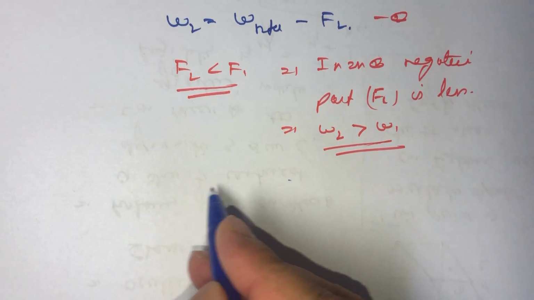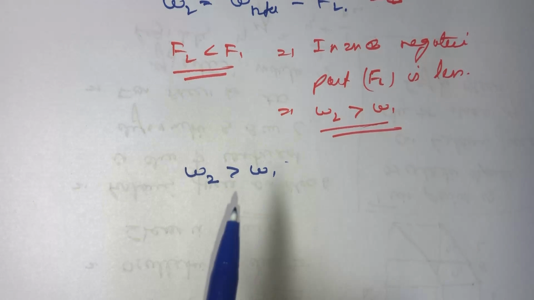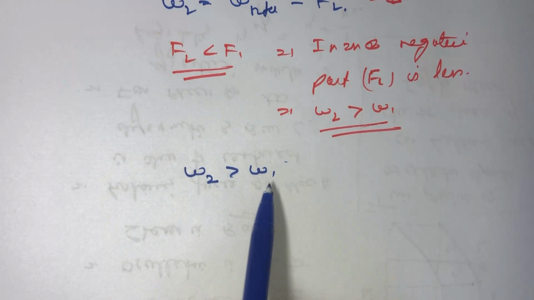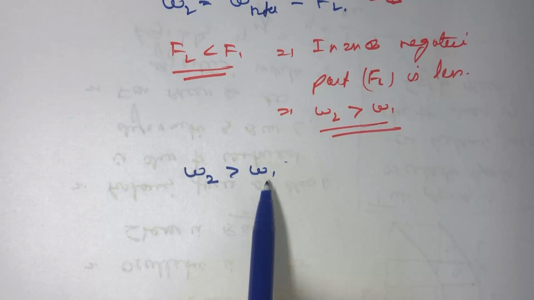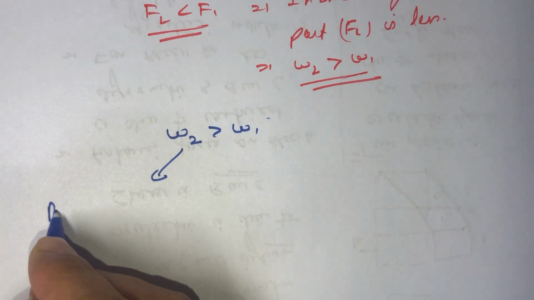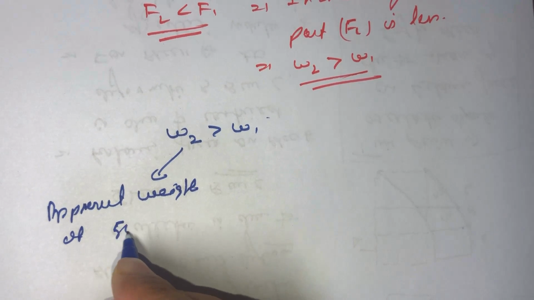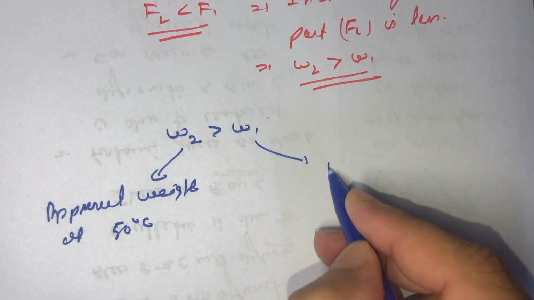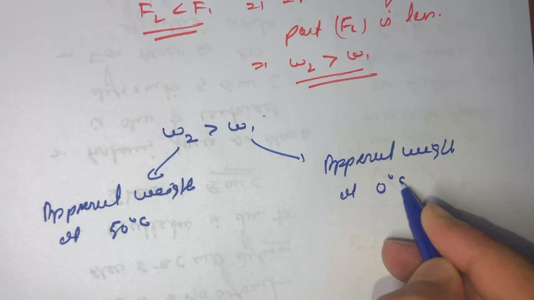So the final conclusion is that the apparent weight of the metal ball when the temperature of the alcohol is 50 degrees centigrade is more than the apparent weight when the temperature is 0 degrees centigrade. So W2 is the apparent weight when the temperature of alcohol is 50 degrees centigrade, and W1 is the apparent weight when the temperature of alcohol is 0 degrees centigrade.